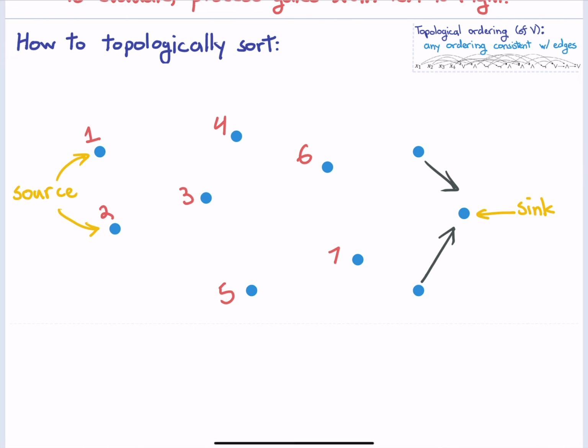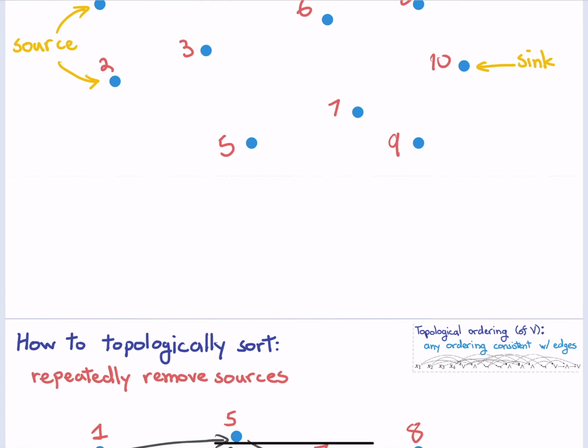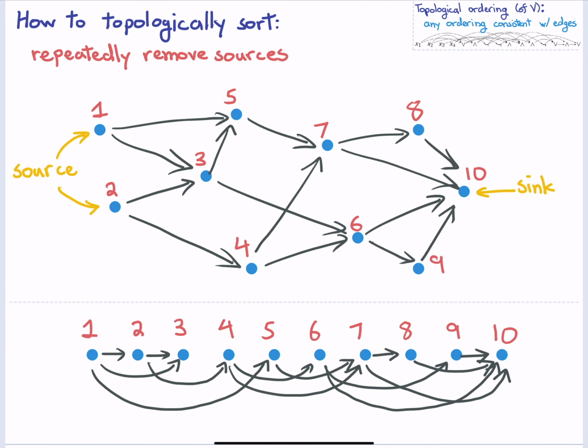Very simple. Now I've sorted the whole graph by repeatedly just removing a source. So you do that, you'll get something like this. This is supposed to be accurate. All right, simple.